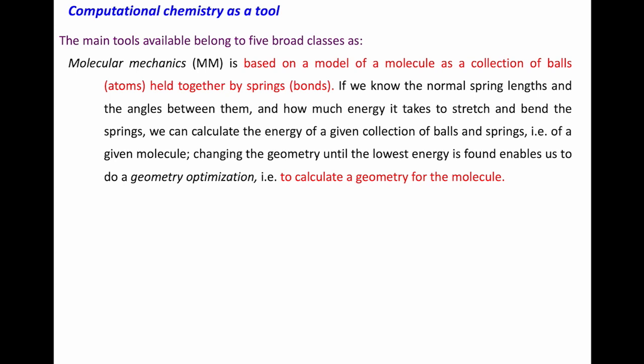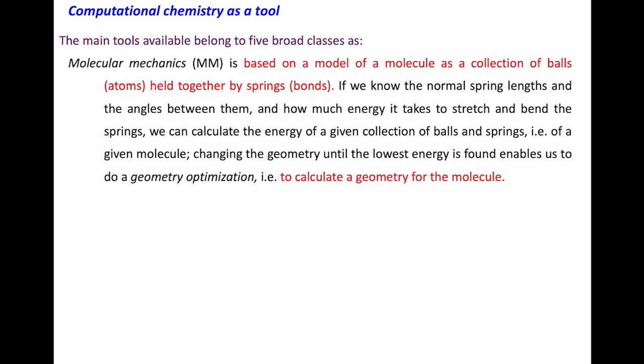If we know the normal spring length, the angle between them, and how much energy it takes to stretch and bend the springs, we can calculate the energy of a given molecule. Changing the geometry until the lowest energy is found enables us to do a geometrical optimization, or find the geometry of a molecule.